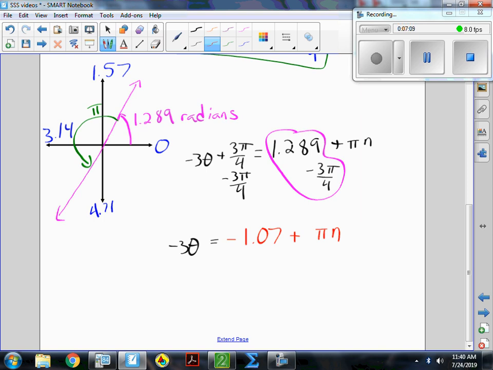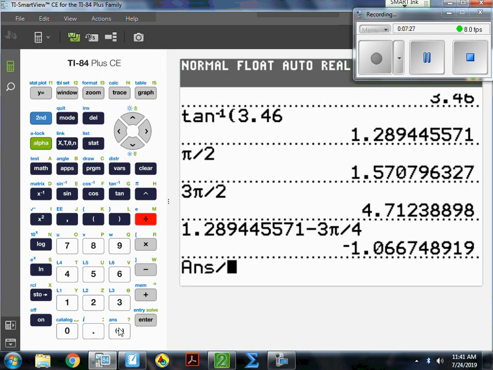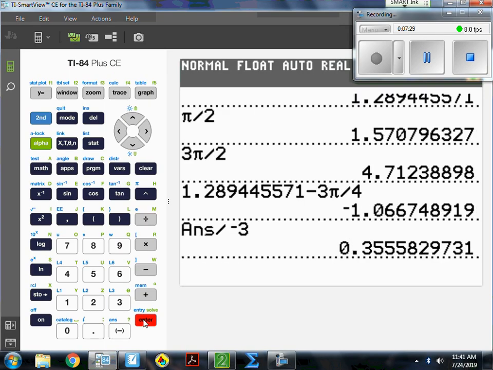I then need to divide by negative 3. So the second part just becomes minus pi over 3 n. And the first part, if I divide that by negative 3, I get 0.35558, so 0.36.